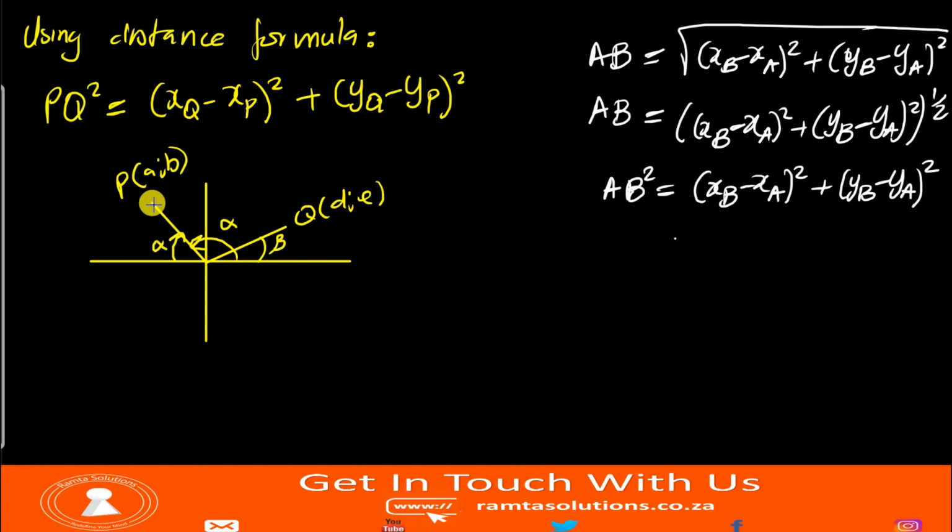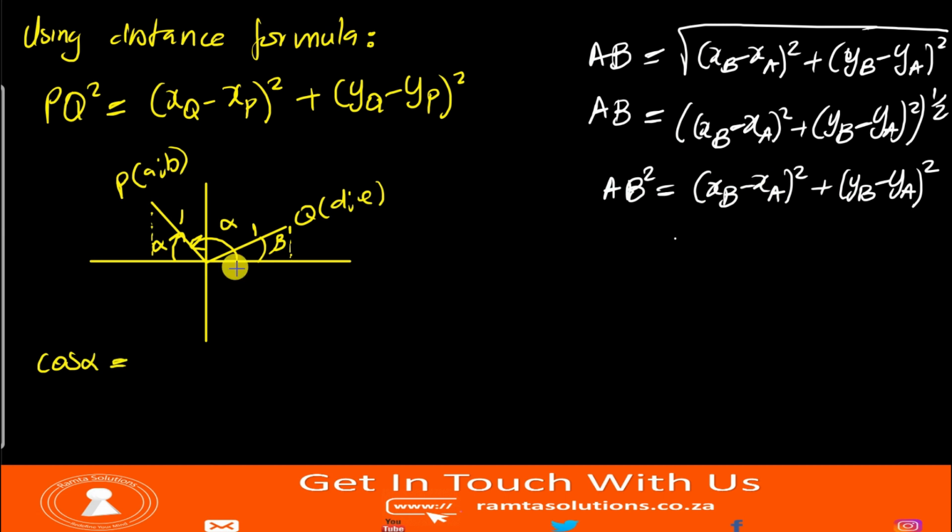Now pay attention, let's focus on D. On D we can say, remember that length was 1 unit, we can say cos, let me begin with alpha.